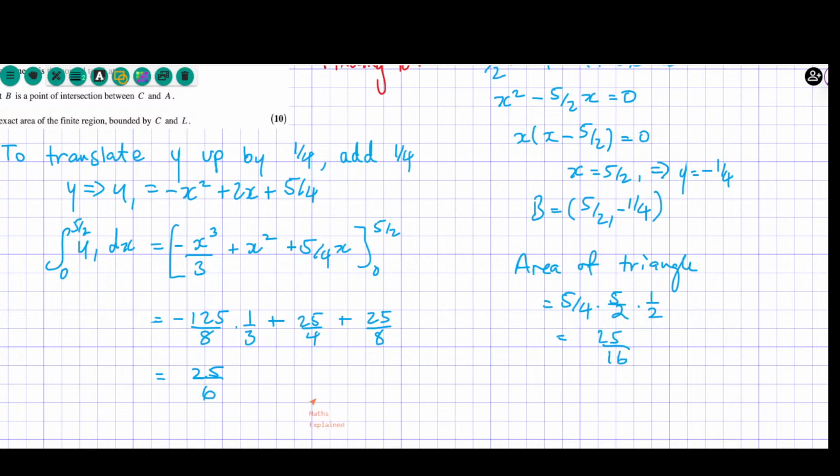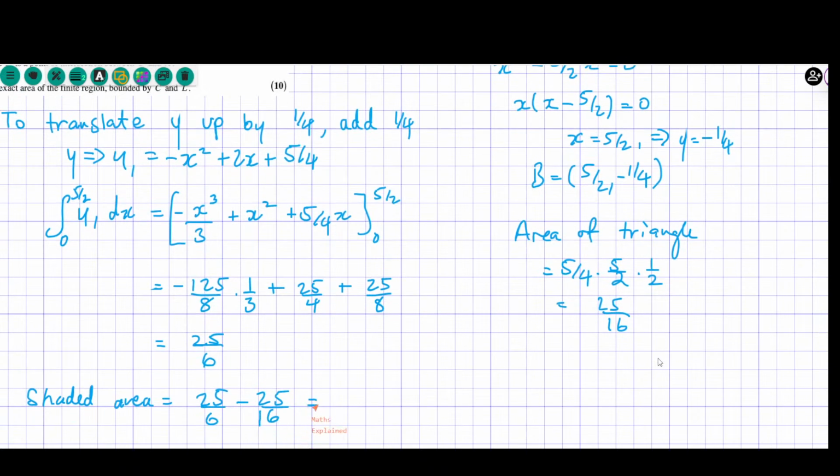Okay, so the total shaded area, or the exact area of the finite region bounded by C and L, let's write that down here. Let's just write shaded area. Shaded area will be the area under the quadratic, subtract the area under the triangle, 16.